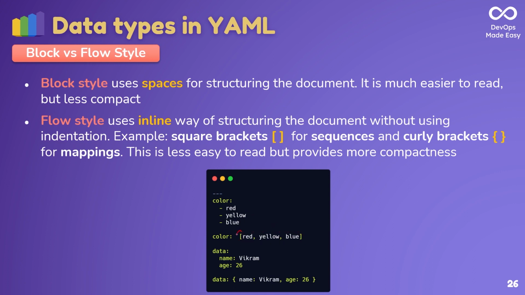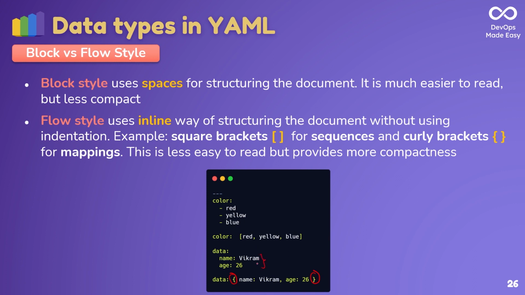So here for a list we are giving square brackets. The same thing if it is a dictionary: data is the key and this complete thing becomes a value. Inside this value, again this is a dictionary, right? Because it has key value, key value. So this is again the block level way of doing it. But what is the other way, the flow level way? Since data is the key and value is a dictionary, I can have braces to indicate a dictionary.